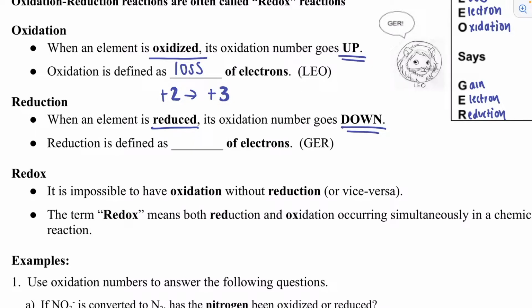For instance, if it were to go from +2 to 0. Anytime the positive number decreases, it's gaining electrons because it's gaining negative charge, thus making this go down. Reduction is defined as the gain of electrons.